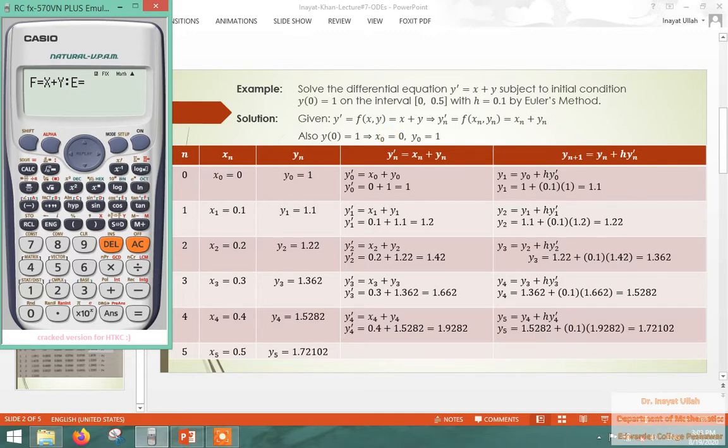This yn is actually y, so write y here, alpha, that is y. Then plus sign is there, plus h, and h is given to you as 0.1, so right here plus 0.1.